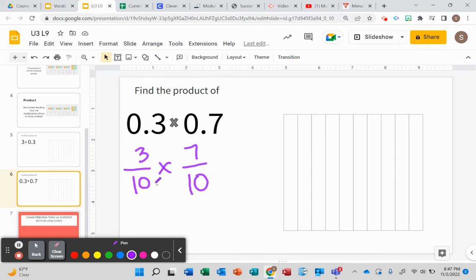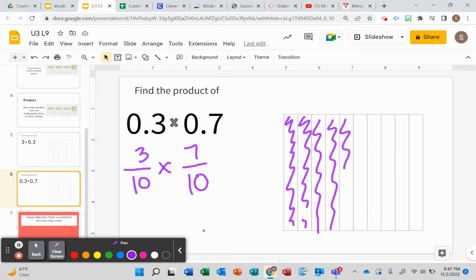So we want 3/10 of the group of 7/10. So first, let's shade in 7/10. We have our grid right here, so let's do that. There's 1/10, 2/10, 3/10, 4/10, 5/10, 6/10, 7/10, right?